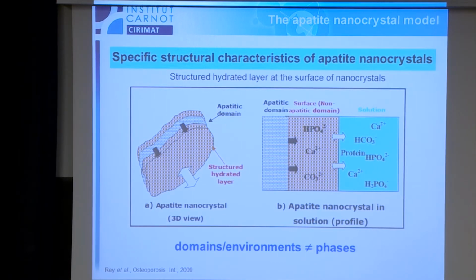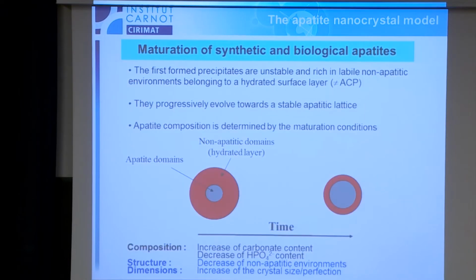And so this conception is different from the first conception that was proposed a long time ago, that there were an amorphous phase and then a crystalline phase in bones. So here we propose that it is not really two phases, but there are domains in these crystals.